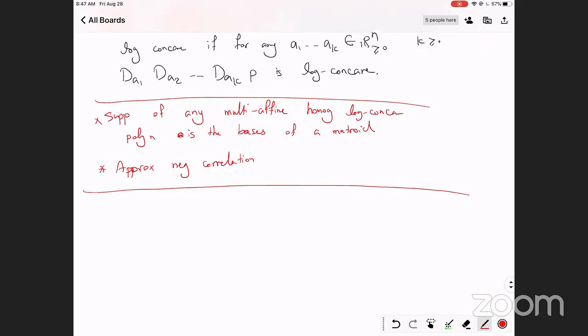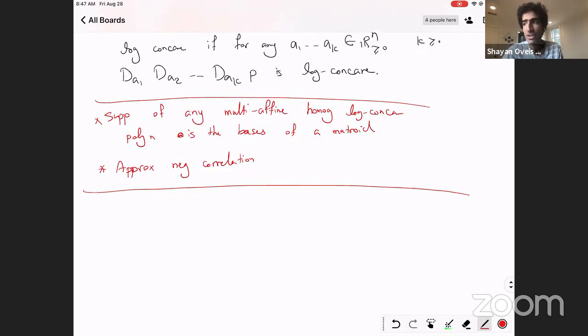Any other question? So we have that the uniform distribution over the bases of a matroid, that polynomial is known to be log concave, right? But if the distribution is not uniform, do we? Yeah, for some other distributions there are still some results, but in general, if you give me an arbitrary distribution, it may or may not be log concave.